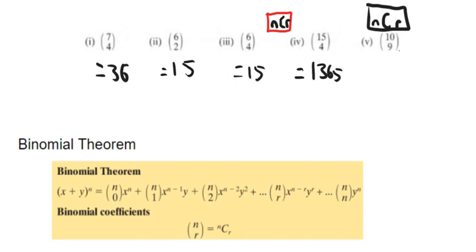So there's 1365 different ways of choosing 4 if you have 15 of something. Thankfully that button exists on the calculator because it saves you that much work. And then 10 choose 9 would just be 10. It's the same as 10 choose 1. So that's what it means. Let's look at the binomial theorem now.